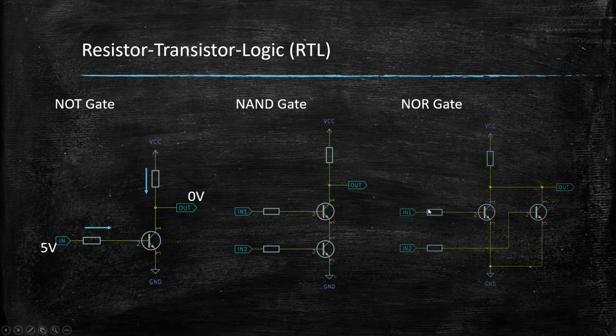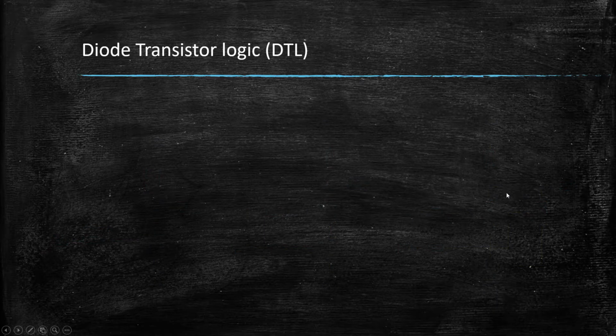Same with the NOR gate, only that you can see here the transistors are in parallel, meaning that current will flow if either of those is conducting. So if either or both inputs here are at high level, it will output a low level on the output. Okay, so that was Resistor-Transistor-Logic.